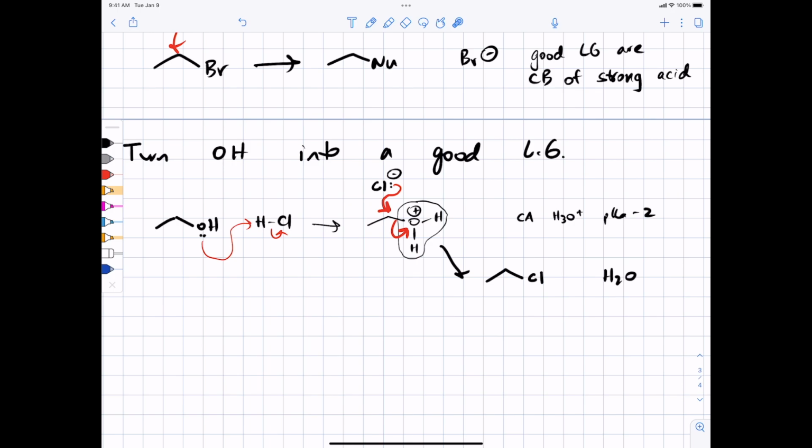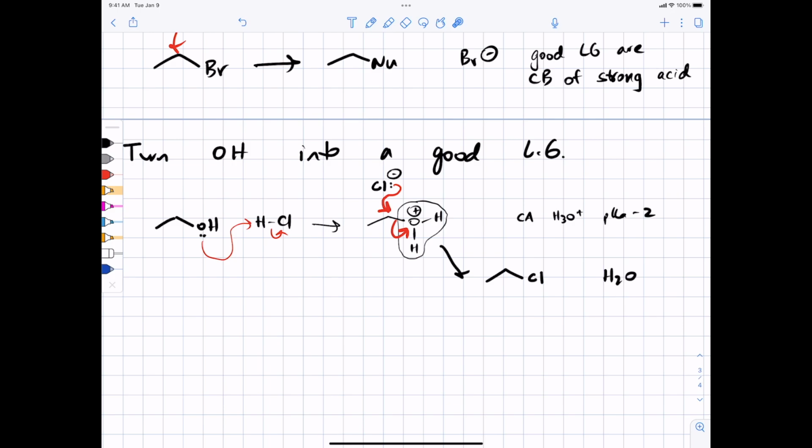Now, I think some of you may be looking at this and getting frustrated. Didn't we just learn how to turn alkyl halides into alcohols? Why on earth would we want to go backwards? And the answer is not sure, but in the process of making any large molecule, you may want to interconvert functional groups at different stages. The organic chemist who does synthesis likes to have a lot of options in the toolbox.